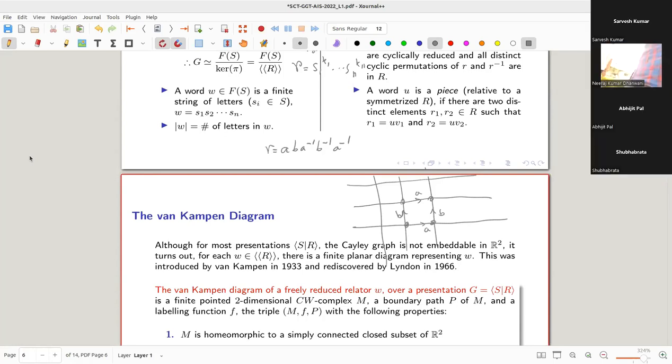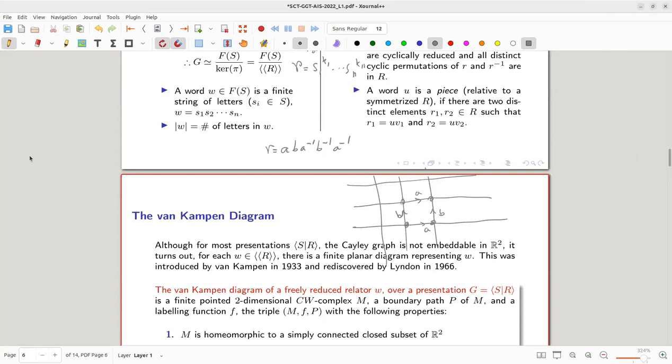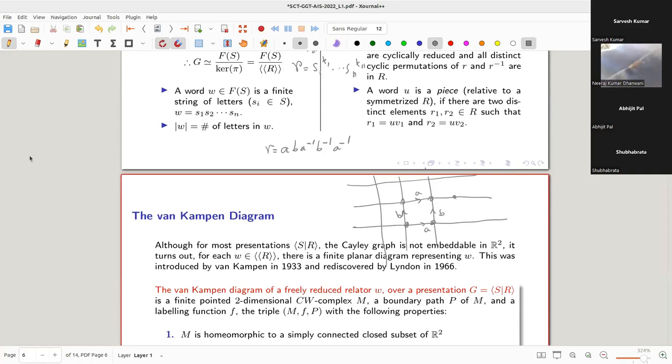If I only write A B A inverse B inverse, how am I going to see the cancellation? On this edge, this is R1 and this is R2. We have two distinct cyclic permutations of the same relator. Here it is A B A inverse B inverse, and I am having a common subword which is B, right?